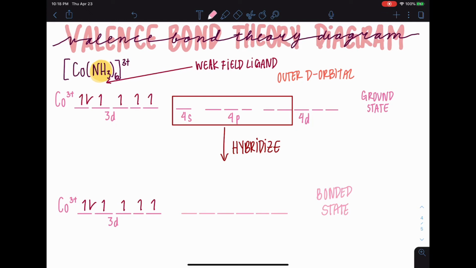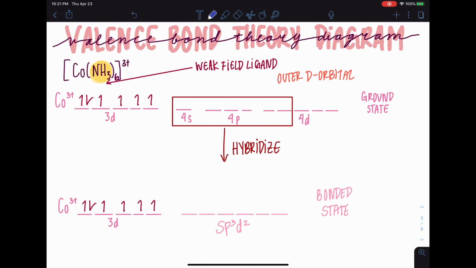Again, our hybridization is sp3d2. We need 6 available spots for the electrons, so the 6 ammonia ligands are able to attach to the cobalt 3+. Now we're going to draw our electrons in the sp3d2.